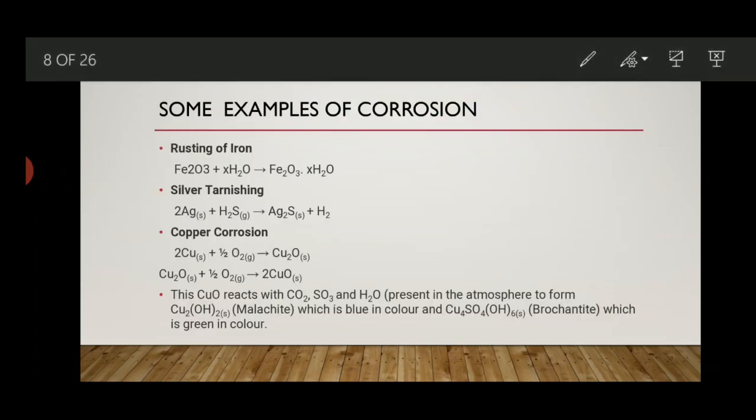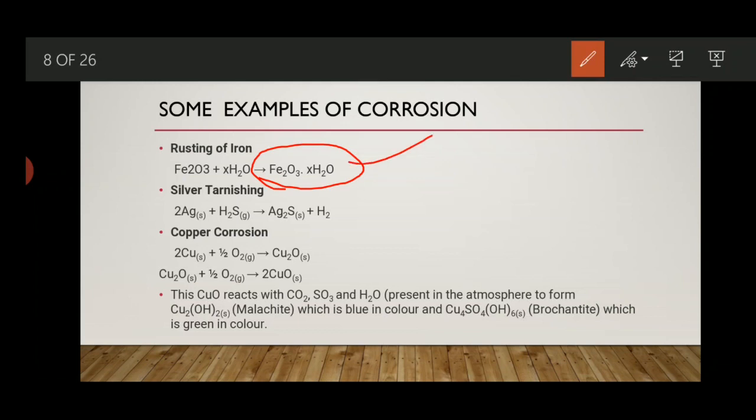See, some examples of corrosion are rusting of iron. We often see that whenever iron comes in contact with moisture, immediately it forms a brown color layer, a reddish brown color layer on the top surface of the iron metal, and that is called rust.